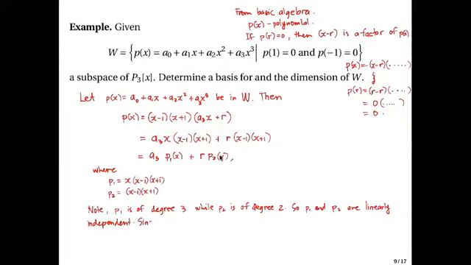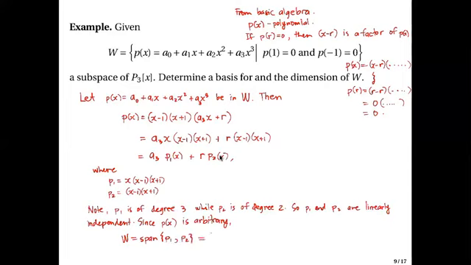So since P of x is arbitrary, W becomes span of P1 and P2.